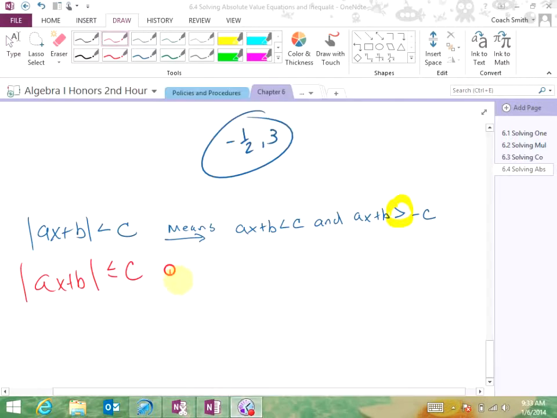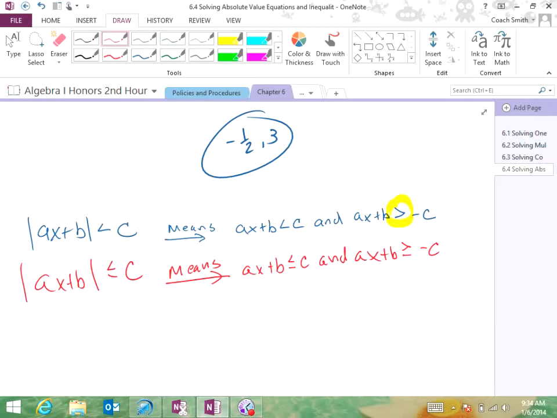Well, that means ax plus b is less than or equal to c, and ax plus b is greater than or equal to negative c. Okay?